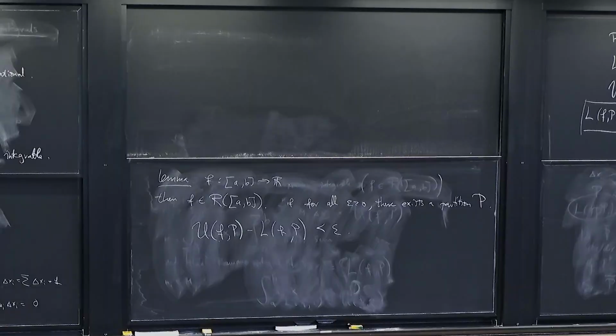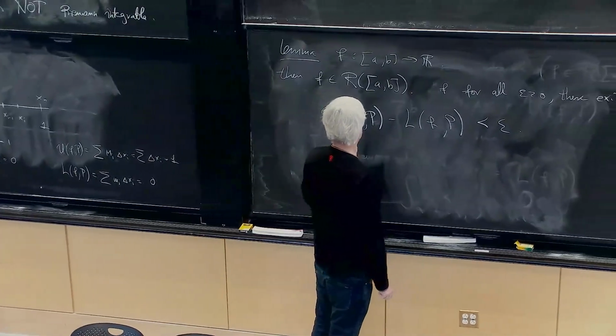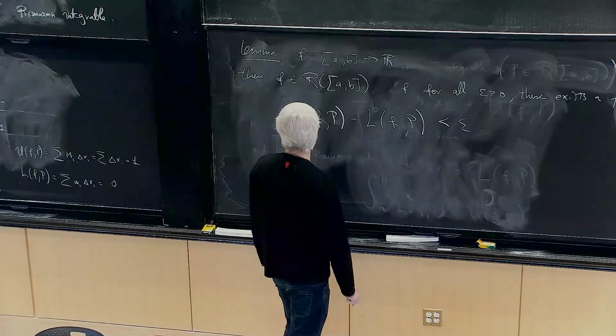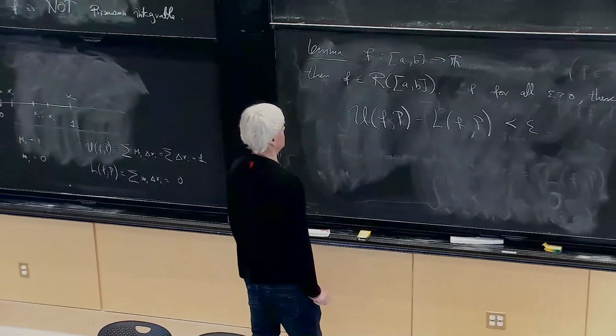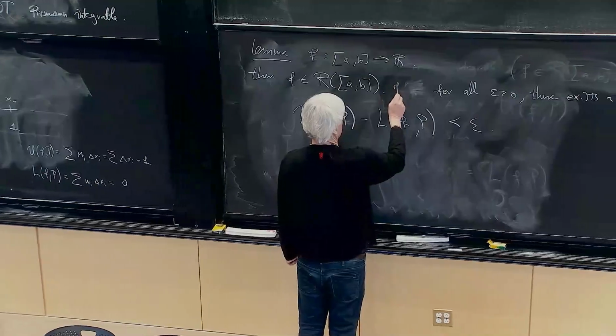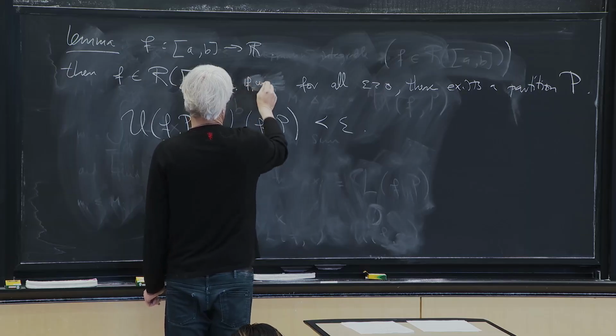Okay, so if we want to check that a function is Riemann integrable, then we just need to check that for all epsilon, we can find a partition with this property here. And so this is a statement that is if and only if, so I should say if and only if.